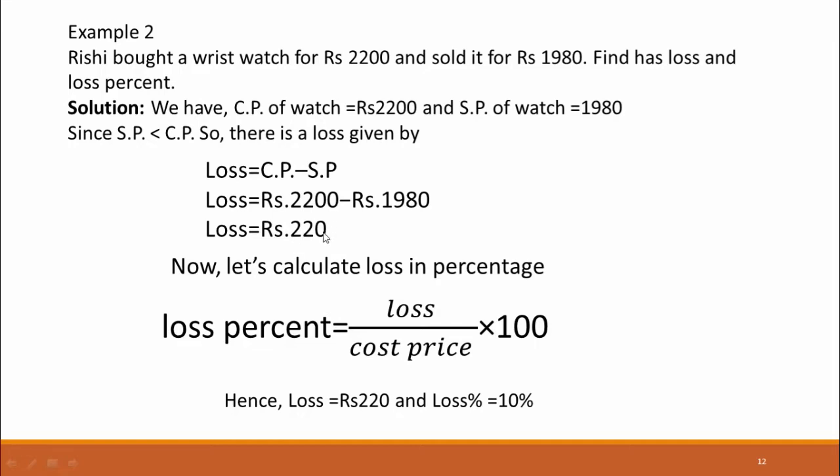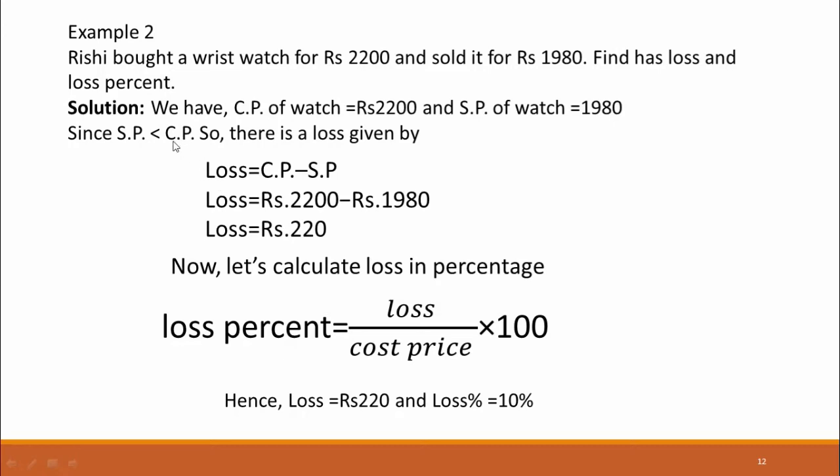Now let's calculate the loss in percentage. First of all, find the loss and then find the loss in percentage if required. Since in this example we need to find the loss and loss percent, first of all, find the loss. But how can we find the loss? First of all, check the cost price and the selling price. If the selling price is less than the cost price, then definitely we lost.